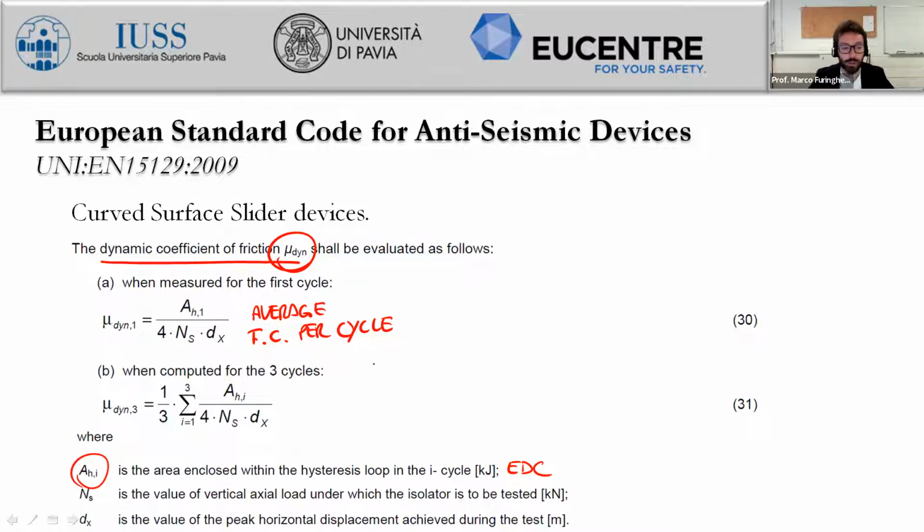So the mean value. So why we use this expression? Well, because we have to remind that the curved surface sliders, as we have seen yesterday, if we look at the force displacement loop, we have something like this. This is vertical, and also this is vertical.